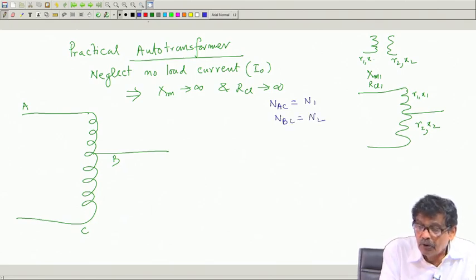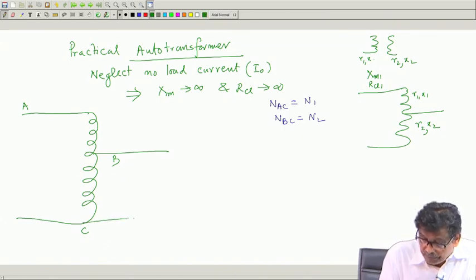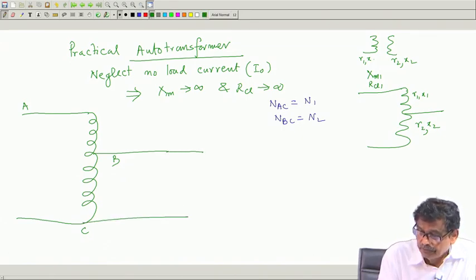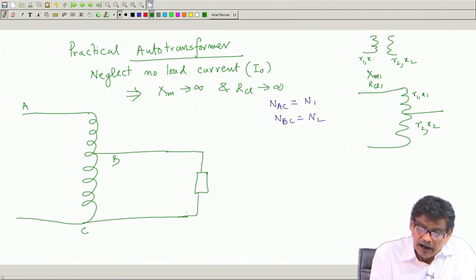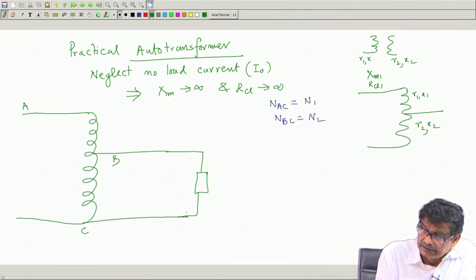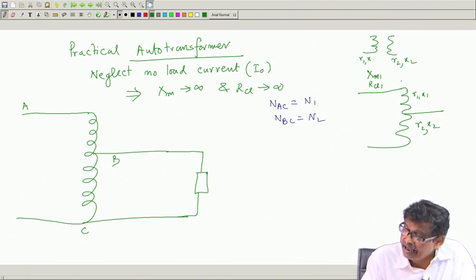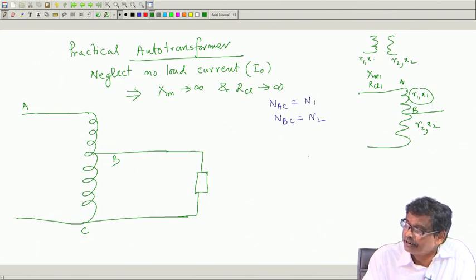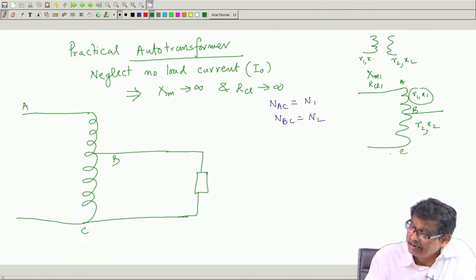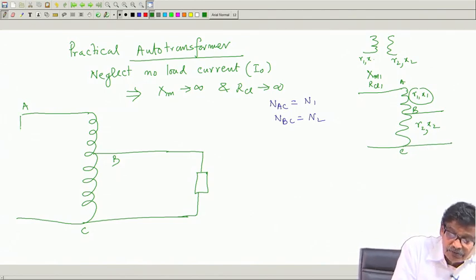And these two are my output where I will connect load. Now, I am saying that this portion A B has a resistance R 1 X 1 and this portion B C is having a resistance R 2 and leakage reactance X 2. And here I am applying a voltage V 1.